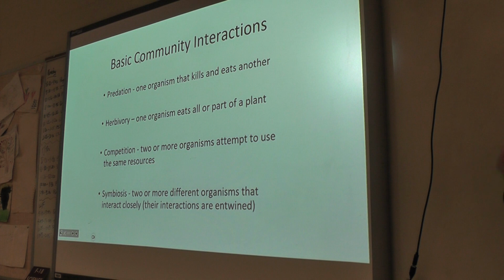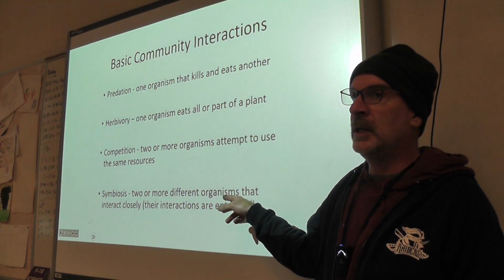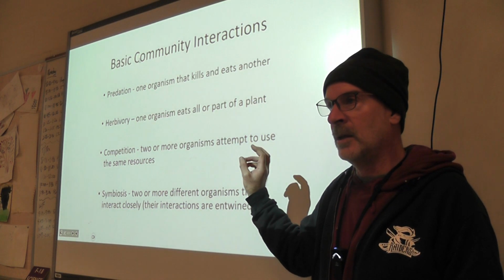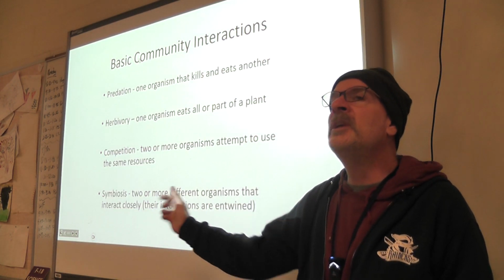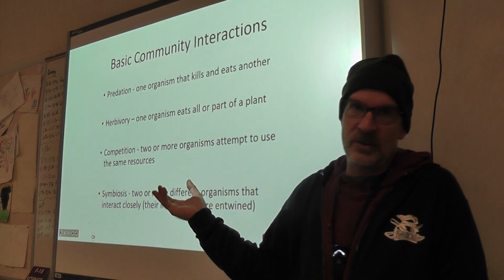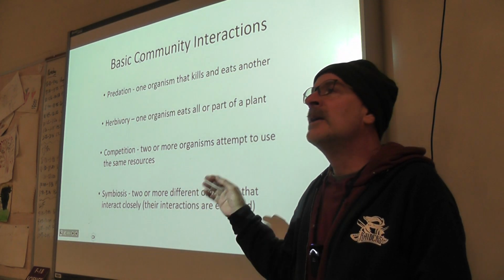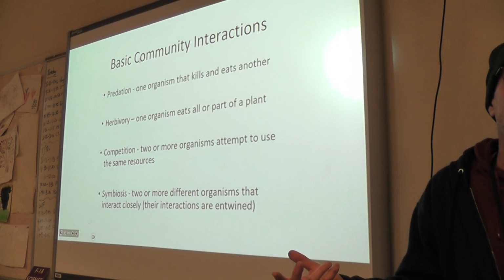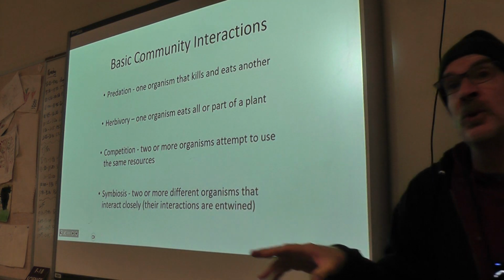And symbiosis is the toughest one because with the symbiosis, there's sort of a degree, right? There is a point at which we kind of ask ourselves, well, do they really need this? They seem to really prefer it. They seem to almost rely on it, but it's hard to know if they really need it or not. Sometimes those things are still categorized as symbioses. And you'll see that in the research that you're doing.